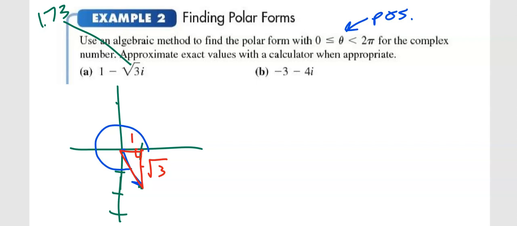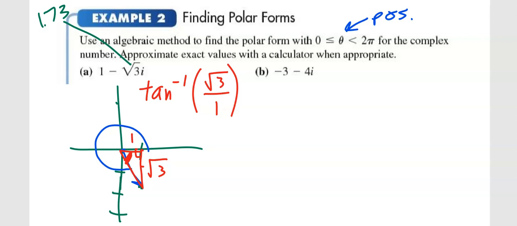Now, you probably should recognize that cool triangle because that is a 30, 60, 90 right triangle. And we're going to find the angle theta, which is this red one in here. We're going to do the inverse tangent of the positive radical 3, opposite over adjacent. Make sure our calculator is in degree mode.